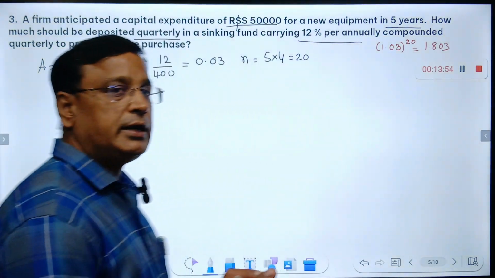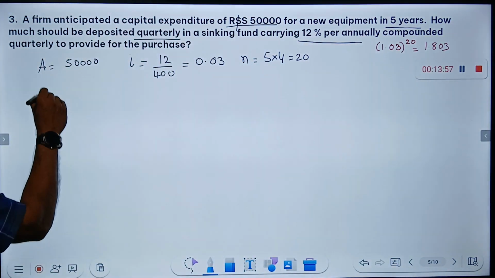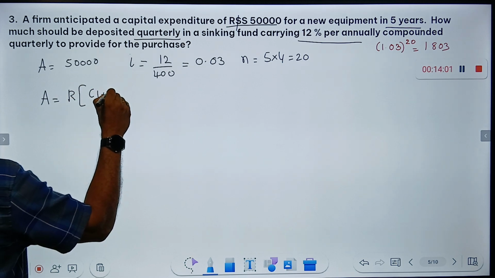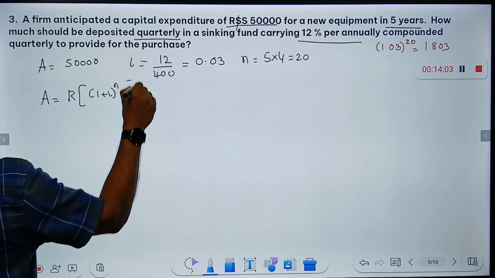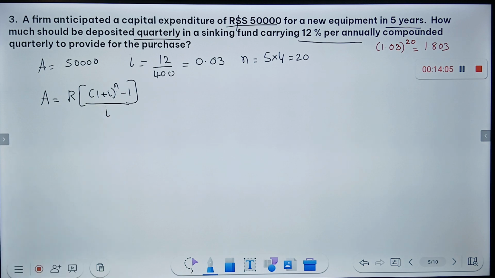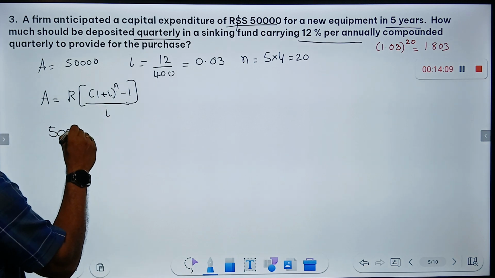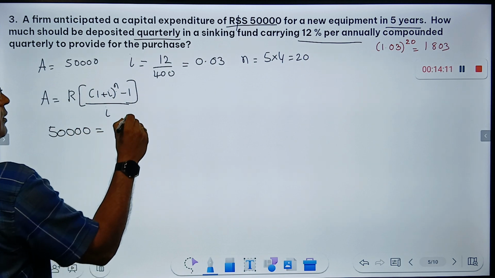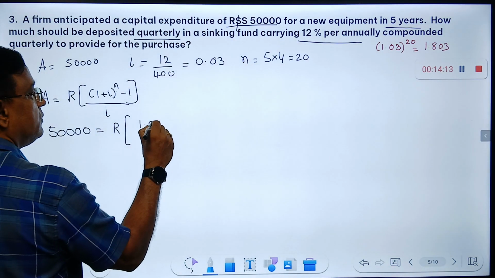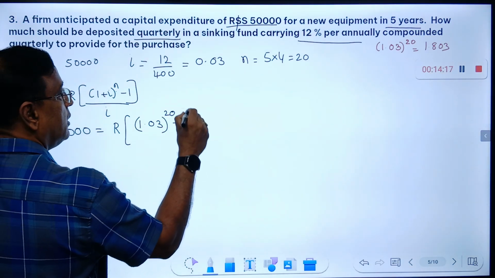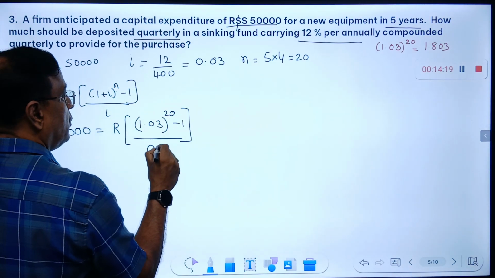So by default we take it at the end. So amount equals R into 1 plus i power n minus 1 by i. So what is the amount here? The amount is 50,000 equals R into 1.03 whole power 20 minus 1 divided by 0.03.